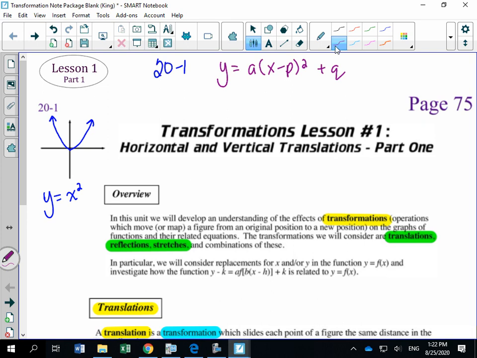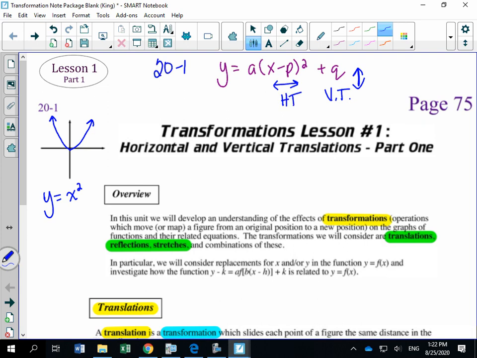This q value moved your graph up or down. If you have an up or a down move, that is called a vertical translation. The p value in Math 20-1 moved your graph to the left or to the right. A left or a right move is called a horizontal translation.